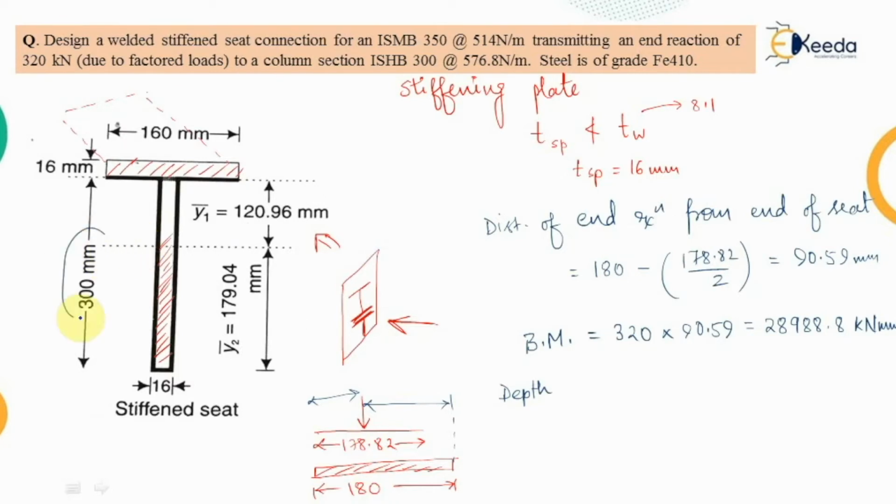Now the depth of this stiffener plate is to be chosen from the buckling criteria. Depth of stiffener is based upon the buckling criteria. The buckling criteria says that the D by T ratio, that is the depth to the thickness of the stiffener, should never be more than 18.9. So this D is less than 18.9 into the thickness that we have provided for the stiffener, that is 16 millimeter.